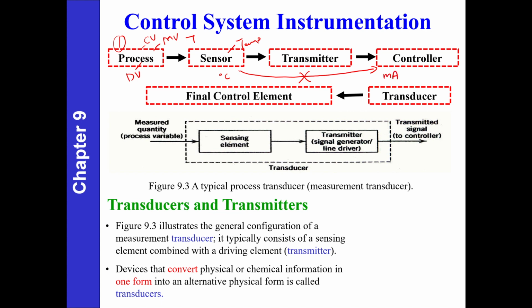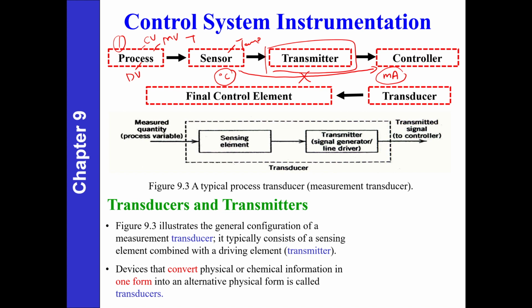So you need a transmitter to convert from here to here. That is the function of the transmitter: to convert and transmit the signal that came from the sensor to the controller.